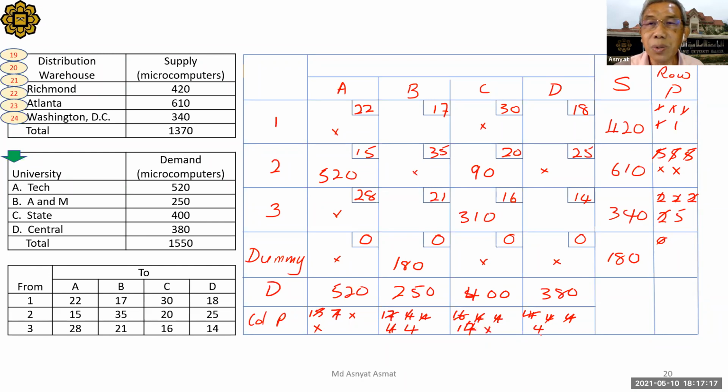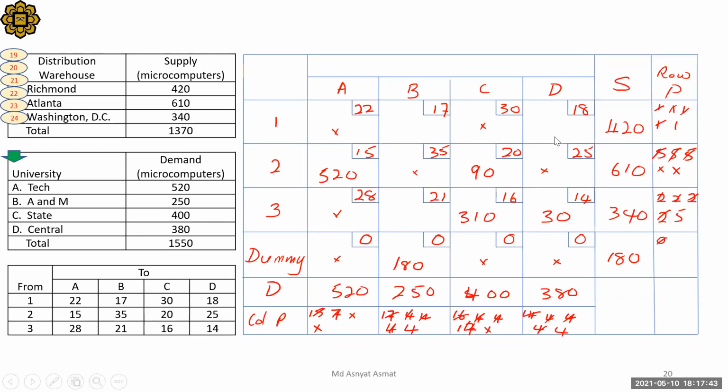Here also 4. What's the highest penalty? 5. Lowest cost? 14. So how many units? 30. Now we are left with 2.